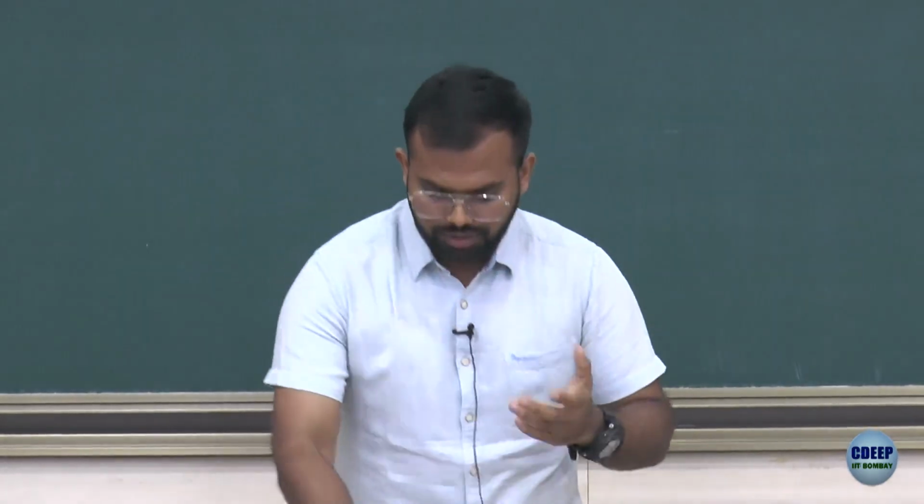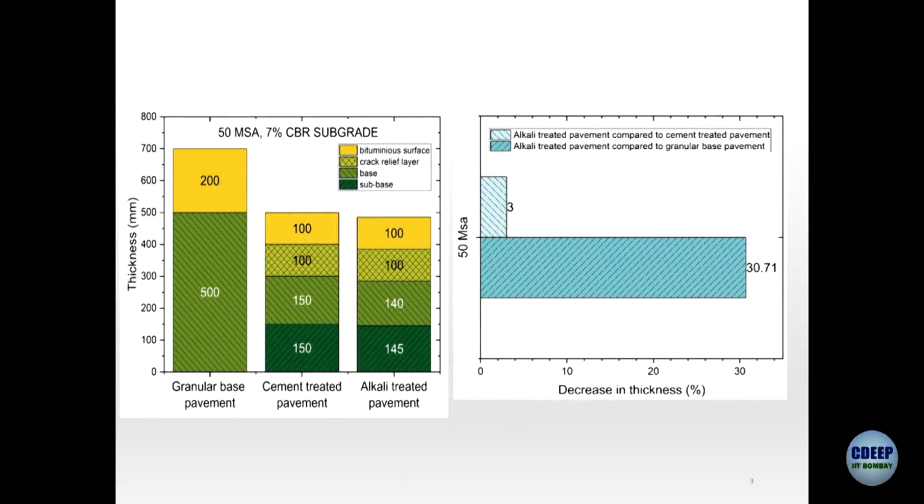So this is the result. Here I have fixed the subgrade soil at 7% CBR, and fixed the traffic volume at 50 MSA. After that I compared different types of pavement: granular base pavement, cement treated pavement and alkali treated pavement.